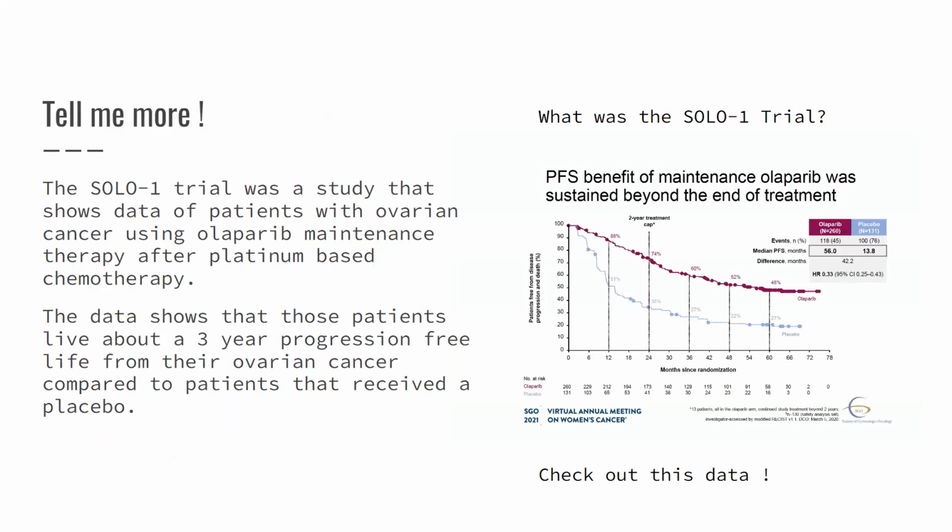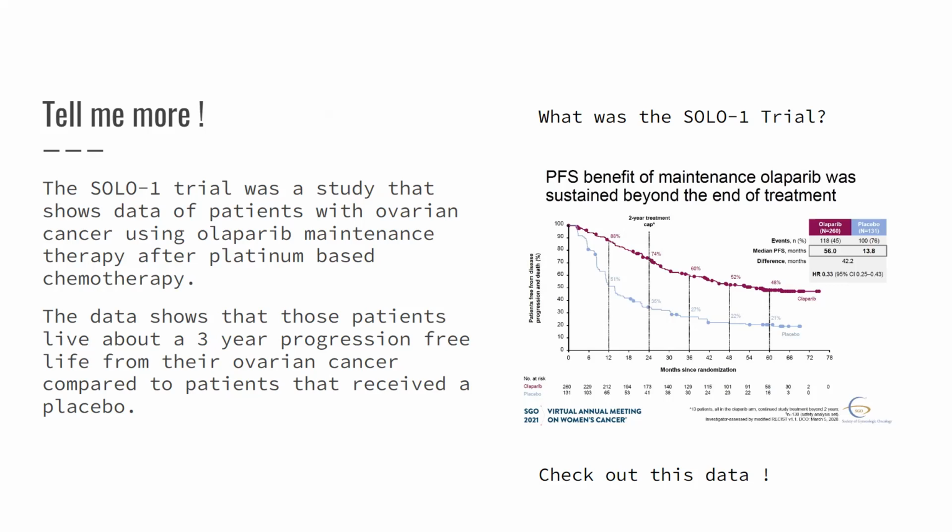Okay, so tell me more. If you're still not convinced that Olaparib is a great option for patients with ovarian cancer, there was a study called the SOLO-1 study. This study tested patients with ovarian cancer after they had platinum-based chemotherapy.